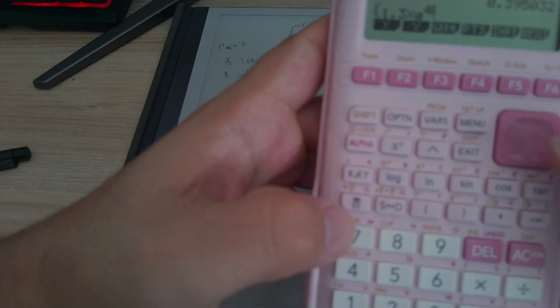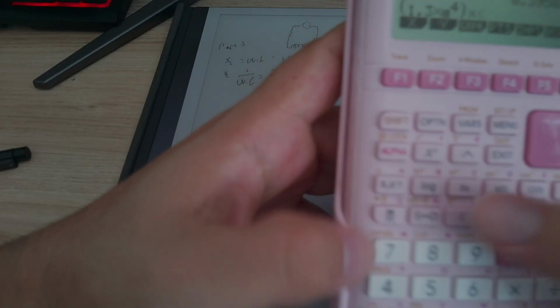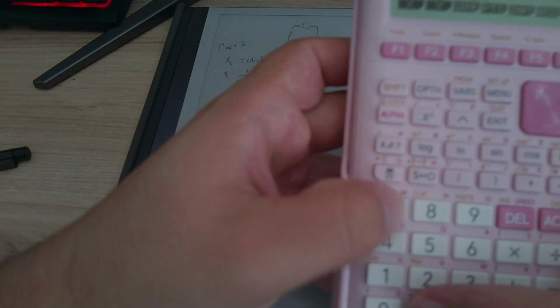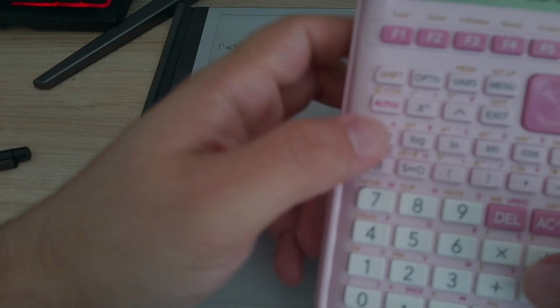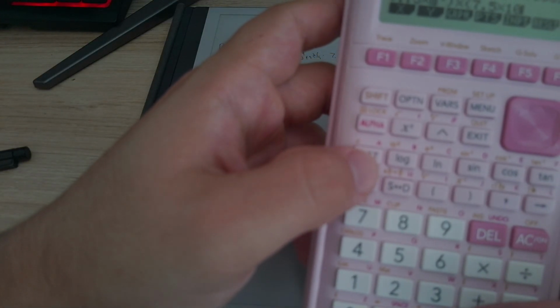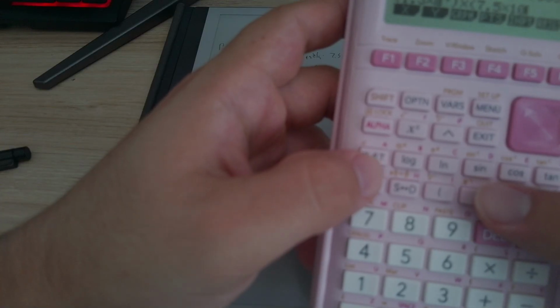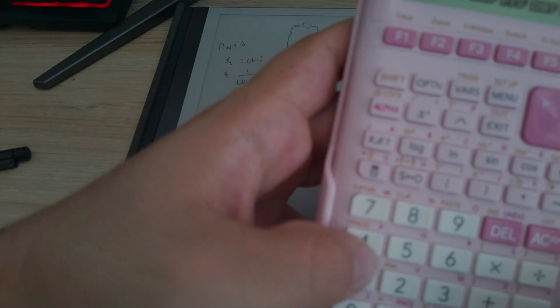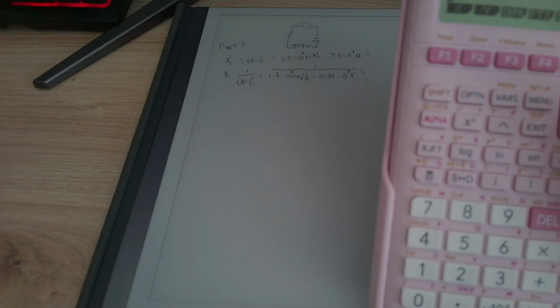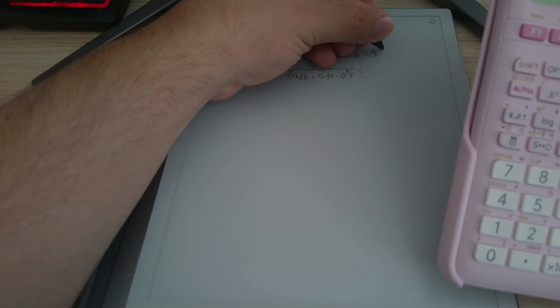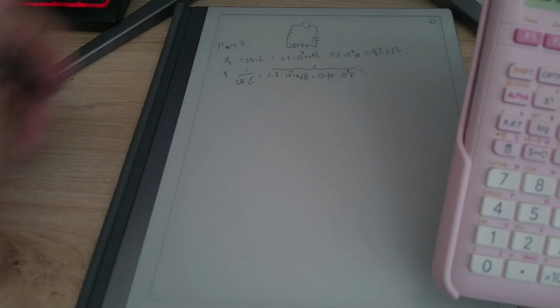10 to the 4th times 7.5 times 10 to the negative 3rd. And that should give us 97.5 ohms.